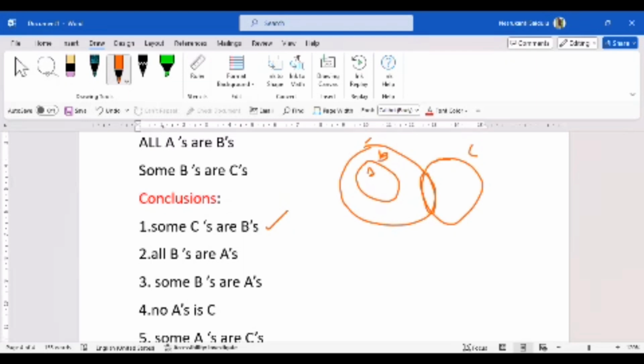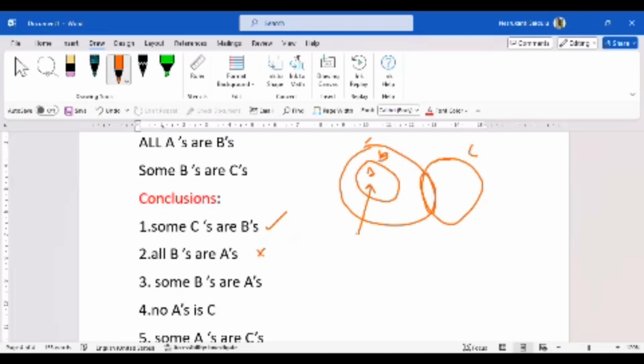All B's are A's. In the previous example, we can say that whenever you go from the outer circle to the inner circle, all is always false. So this one is false.